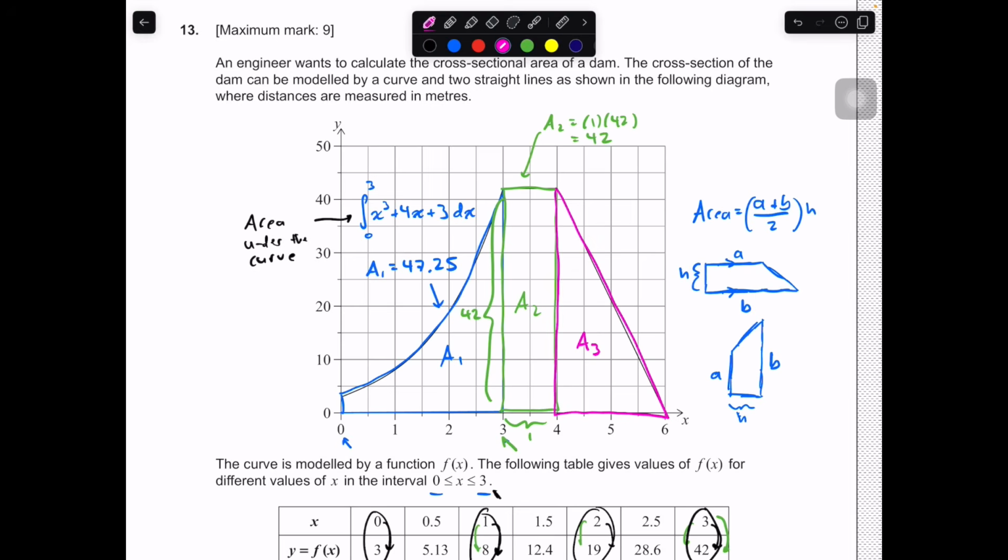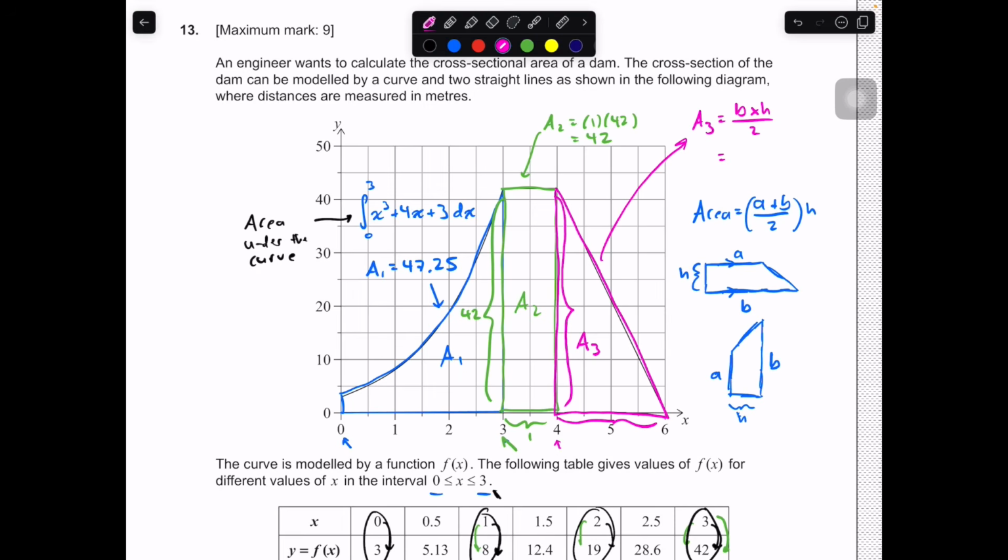And A3 is a triangle. The area of a triangle, A3, is going to be equal to base times height over 2. So what is our base?